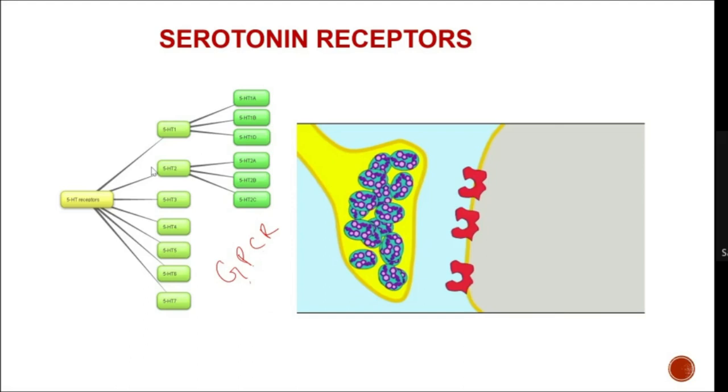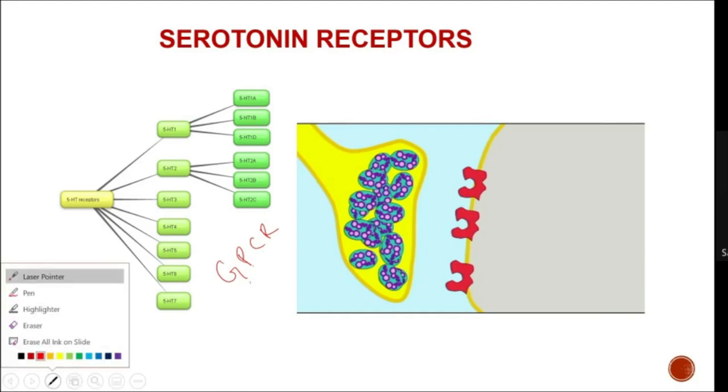When I say G protein coupled receptors, I have G proteins. No one has done it? Okay. So let me explain. Let me wait for you to read up and come.